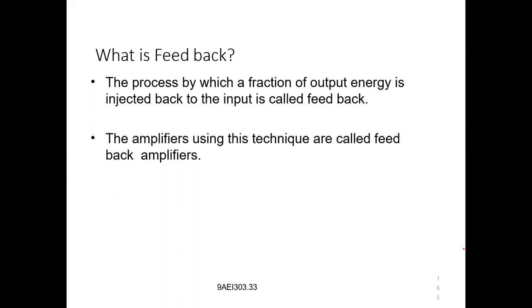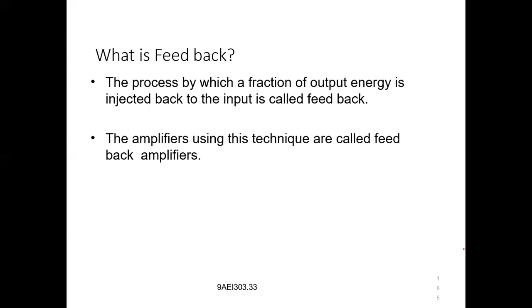When the circuit is open loop, it will not be reliable, so we go for feedback. We get some reference from the output, analyze it, and then produce the output. This is the basic concept of a feedback amplifier.